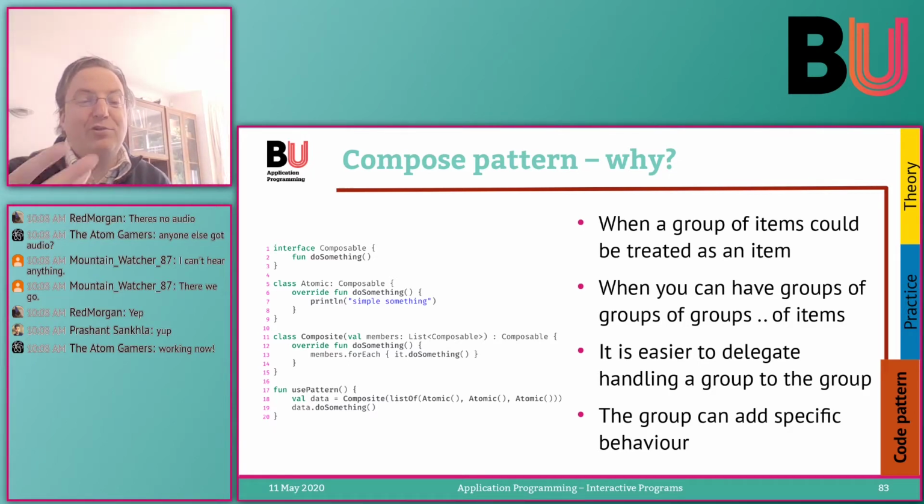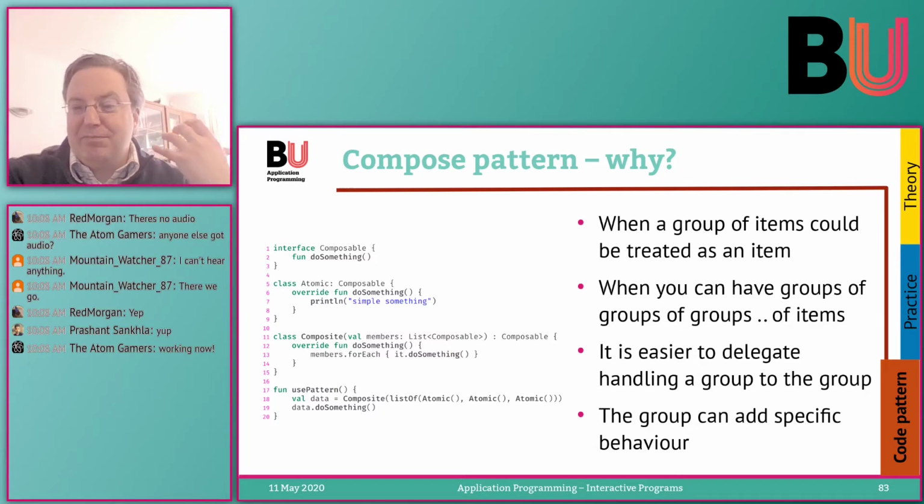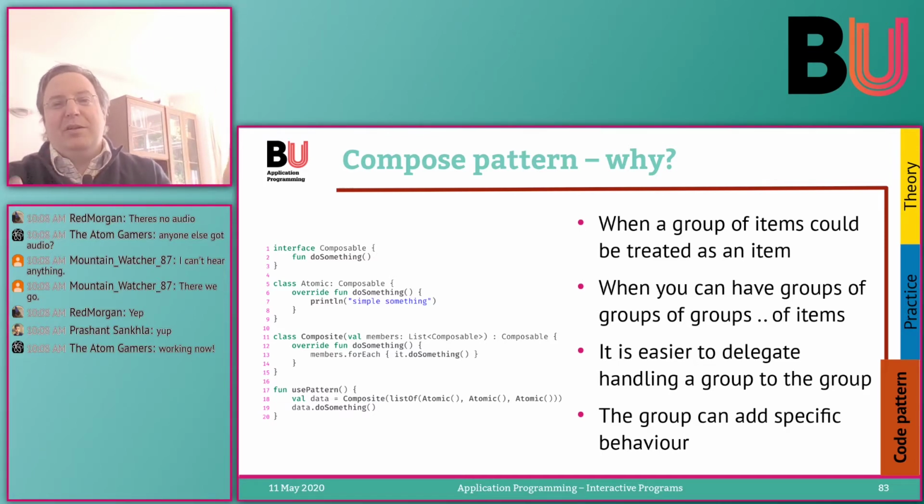When you need to do something for the composite, it will do it for each of the children. An example of this is the ViewGroup in Android, where when the view group is drawn in onDraw, it will draw all its children. When it lays itself out, it lays out all its children first, and then it lays itself out. So you can compose in that way.